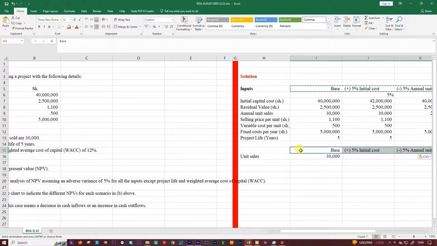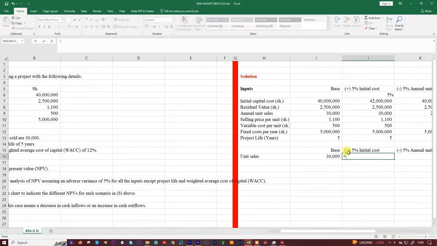Then the initial cost is going to be how much? We're just going to copy and pick it from there. So the initial cost in terms of the unit sales is just going to be the same. You can see that because we're talking about the initial cost here. So we just pick it from above over here, because the initial cost is going to be an increase.